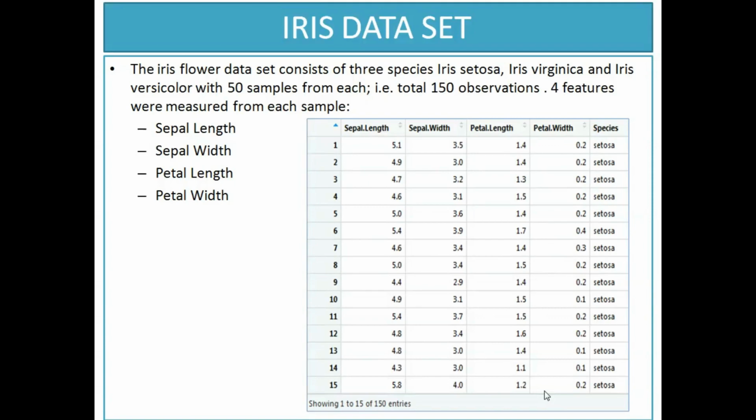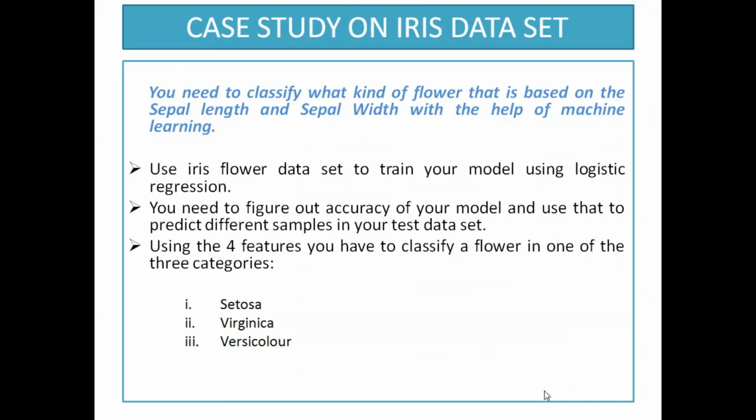Okay. Now, the case study on the Iris data set can be like this. You need to classify what kind of flower it is based on the sepal length and sepal width with the help of any machine learning algorithm. Okay.